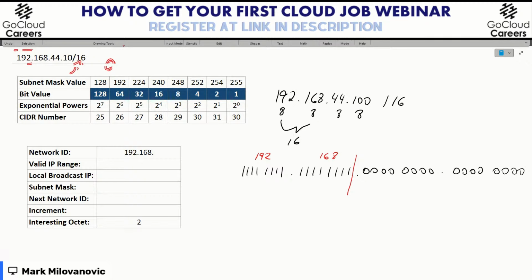All right, fantastic. Now I added the dividing line so that we have a visual. What is my bit value from this bit right here, the first bit to the left of the red line? One.